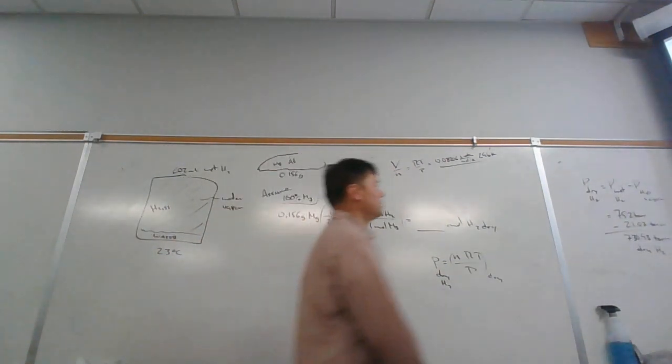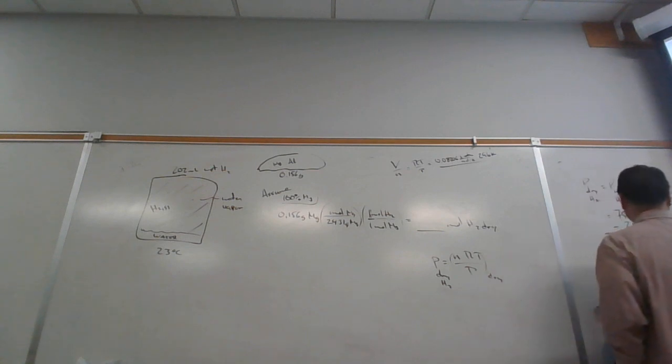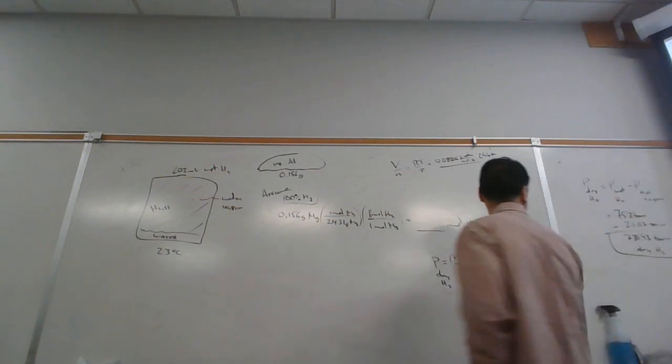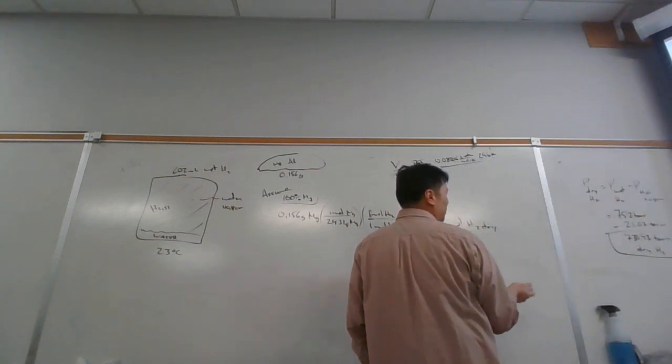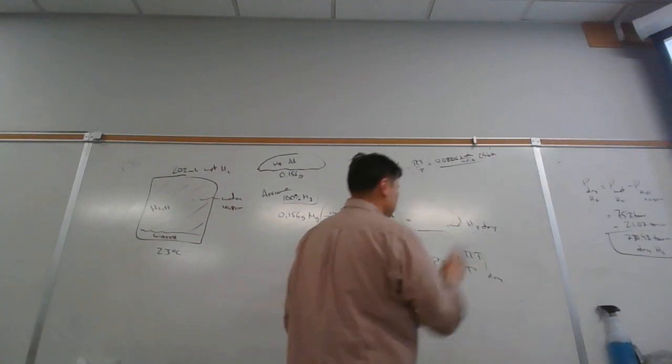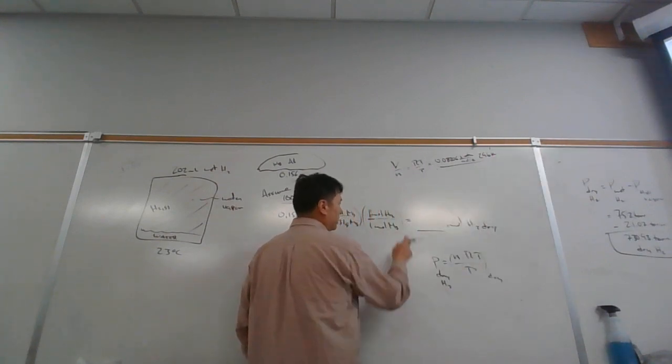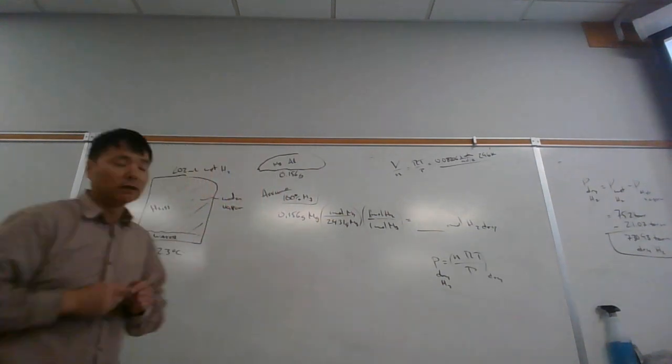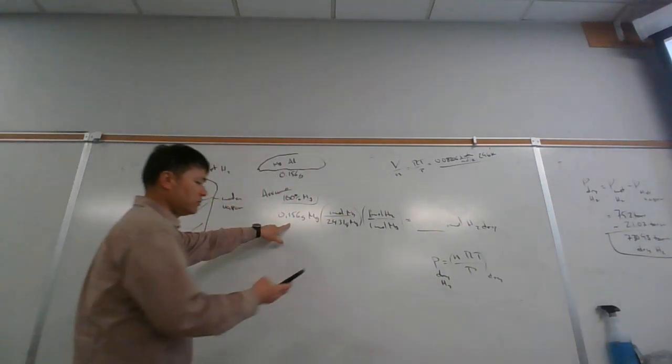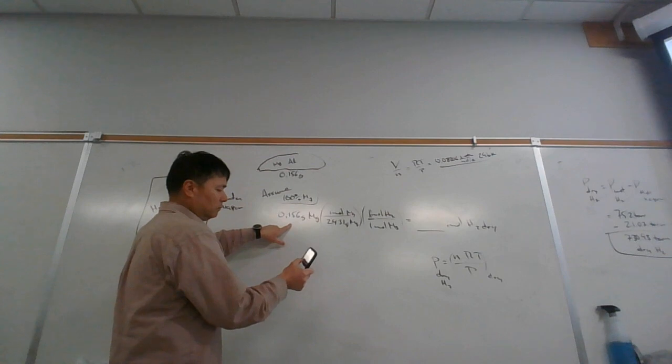And so here is the pressure of dry hydrogen I have in the final mixture. This is what we got from the experiment. Let's go ahead and figure this out. I'm going to calculate how many moles of hydrogen I have.